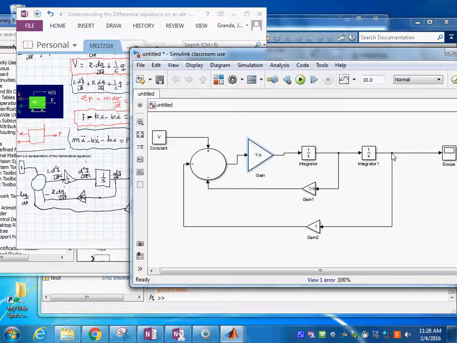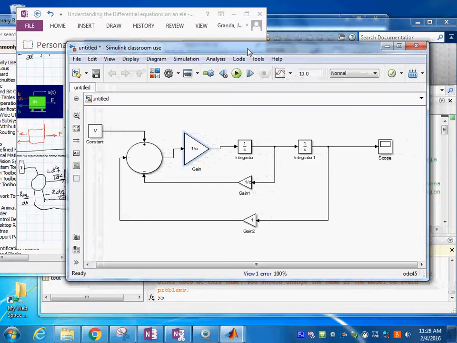So all we have to do to get the simulation going now is to put in some numbers. And the way you do that, this one, what was the number here, is R, right?